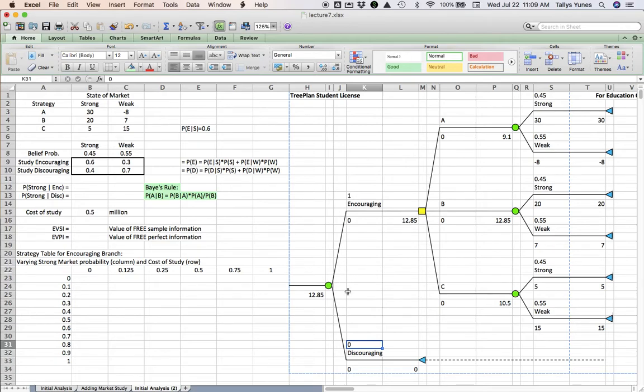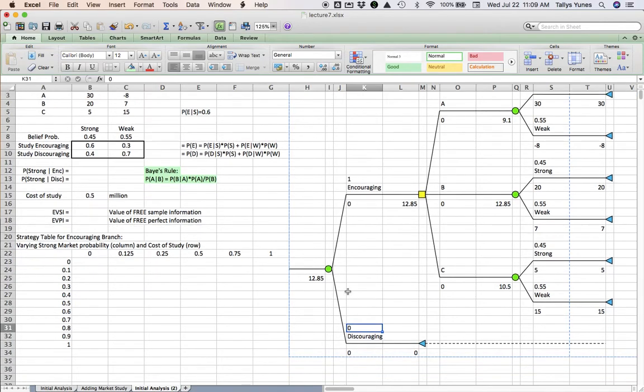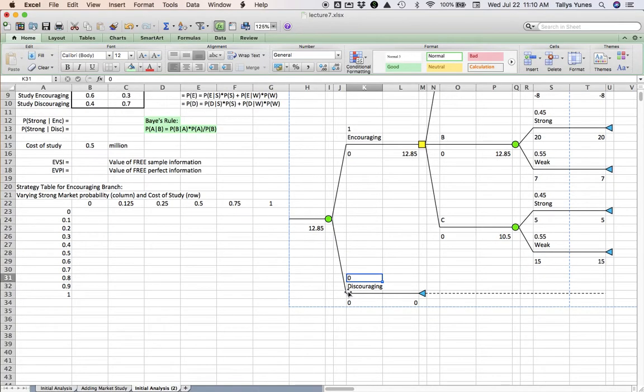Great. But I also have the option of not doing the test, right? So if I just stop here, this is me saying I will do the test. And this is my first decision, encouraging or discouraging. But let me also include the possibility, by the way, no test is also a choice.